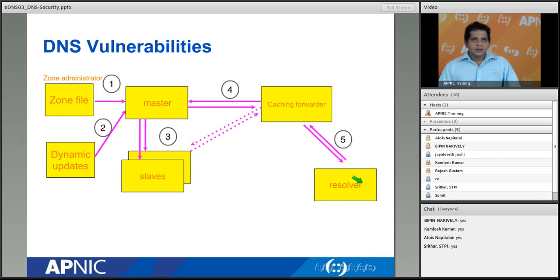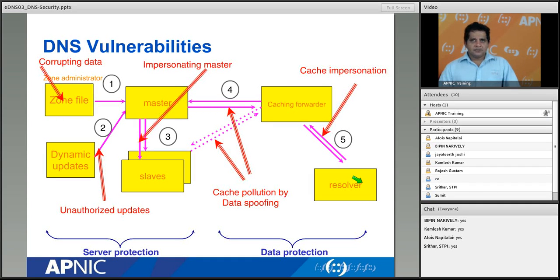Or even, what about these caches? How about someone modifies the caches? Yeah, that's also possible. And what about these dynamic updates? When someone tries to update your zone file dynamically, what sort of risk is involved? Yeah, if you consider this DNS infrastructure, any place is not really secure unless we implement some security mechanisms.